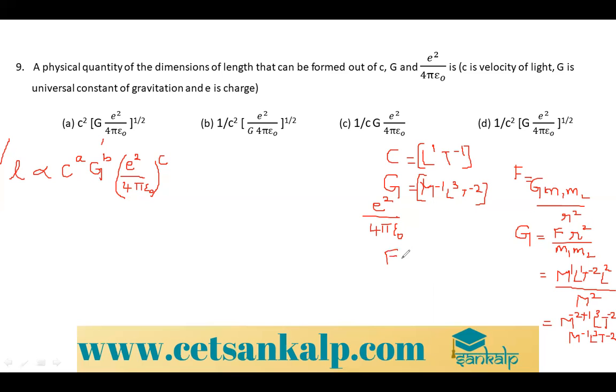F is equal to 1 by 4 pi epsilon naught Q1 Q2 divided by r square. But here we are taking the condition Q1 is equal to Q2 is equal to e. So I can write this as e square divided by 4 pi epsilon naught r square.